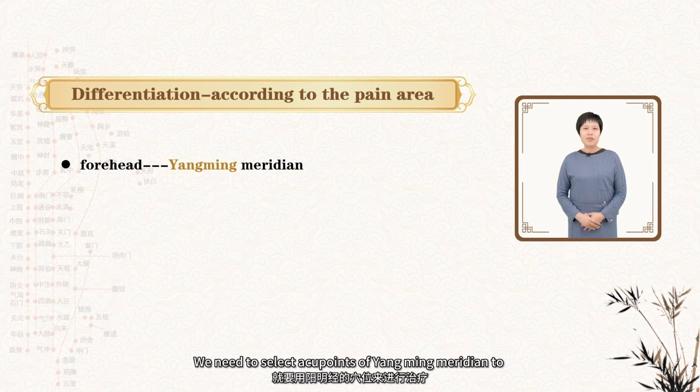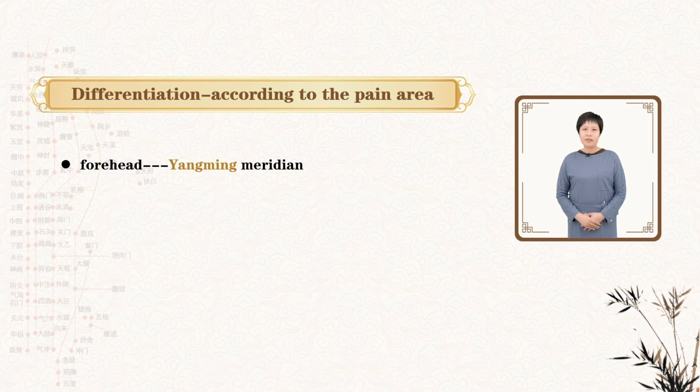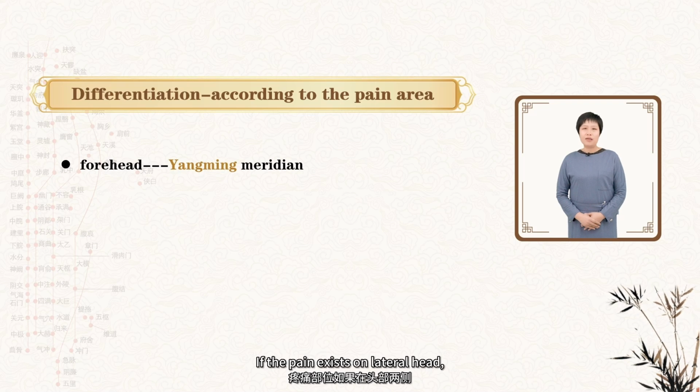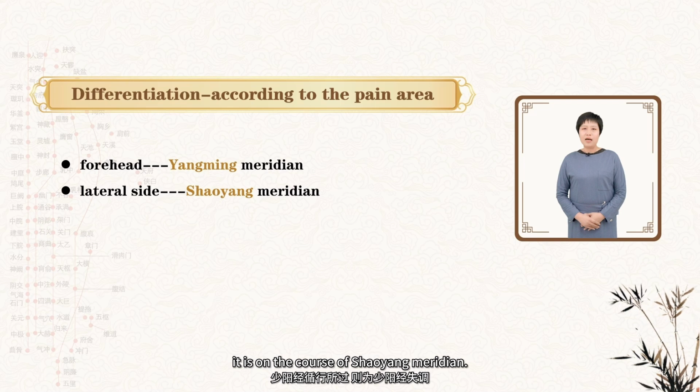We need to select acupoints of the Yangming meridian to treat the headache. If the pain exists on the lateral head, it's because of the Shaoyang meridian. So the Shaoyang meridian is abnormal.